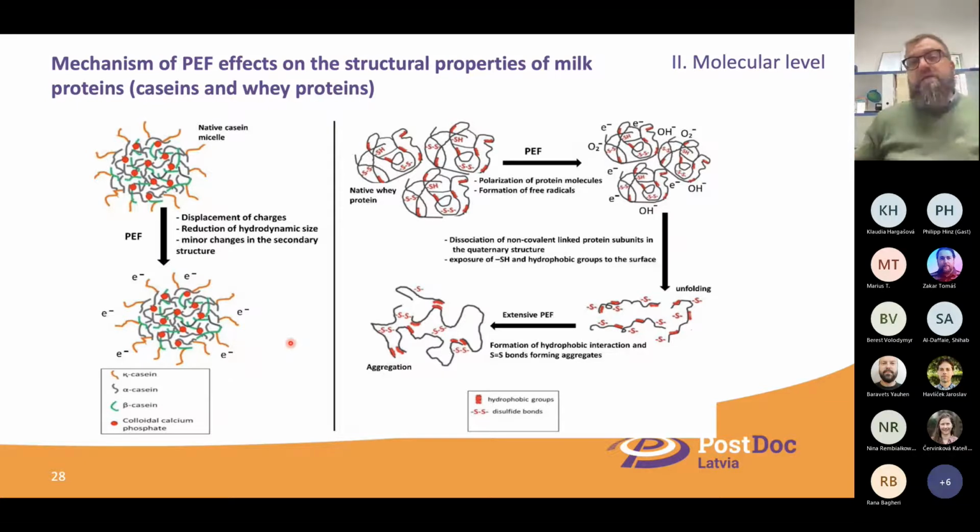And of course, unfolding can cause some aggregation, which is sometimes good, sometimes not.